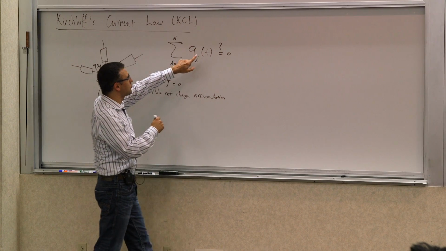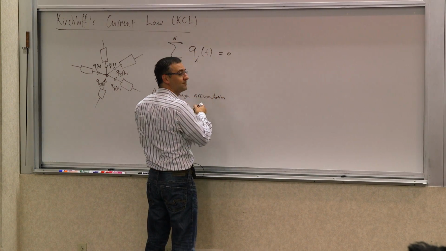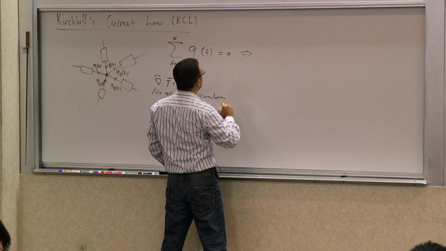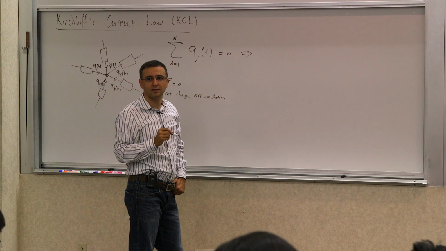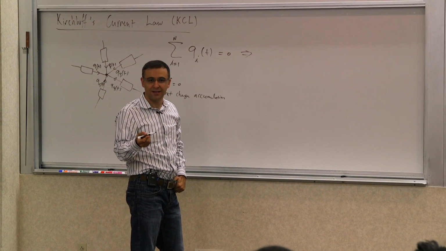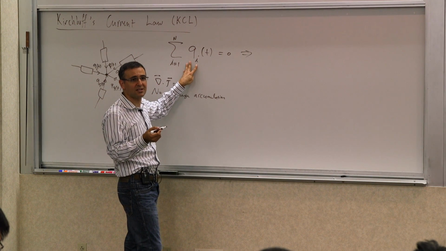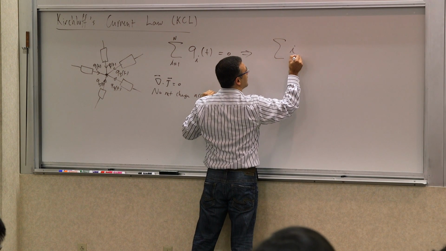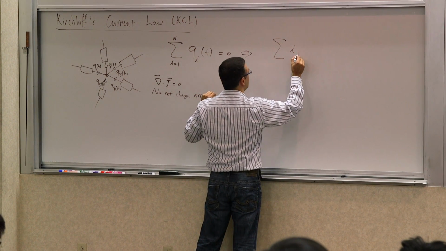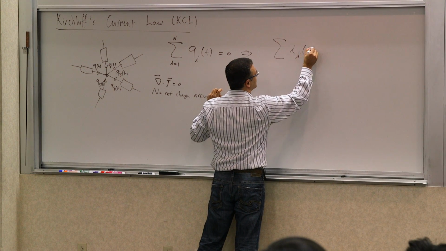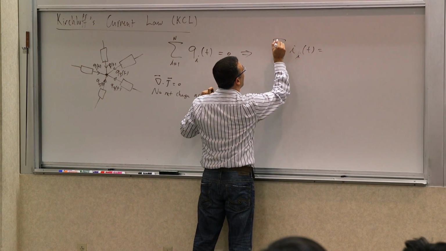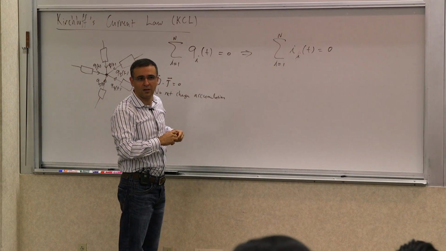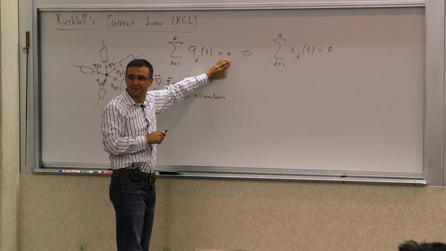Now, this is true for circuits, and we are in the circuits domain, right? So if this is true, it should be true also for the derivatives with respect to time. This is a stronger statement than saying that the charges add up to 0, because this could have added up to some constant, right?